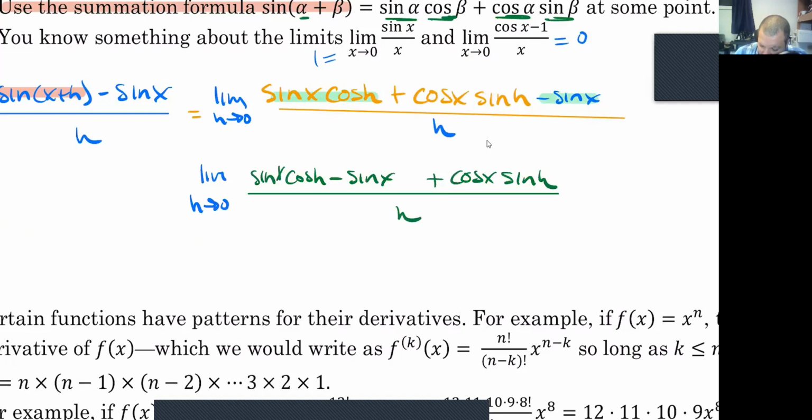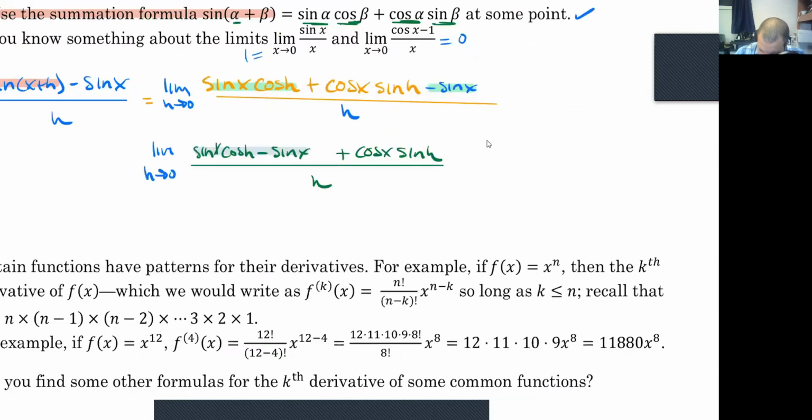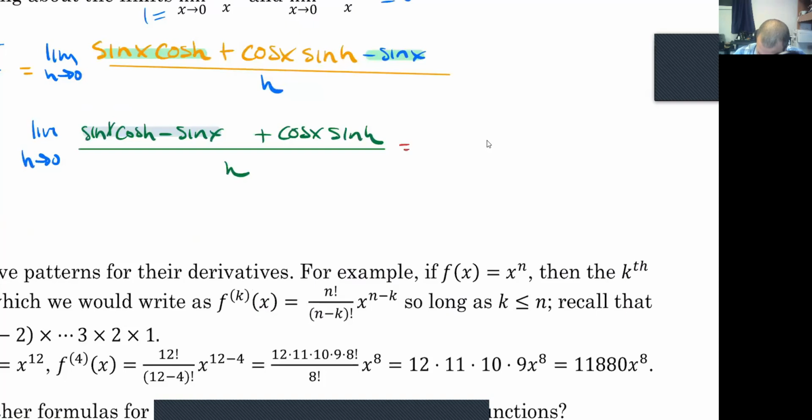So in this first term, I can now do some factoring. I can pull out the sine of x. So we have the limit as h approaches 0 of sine of x times cosine of h minus 1 over h.